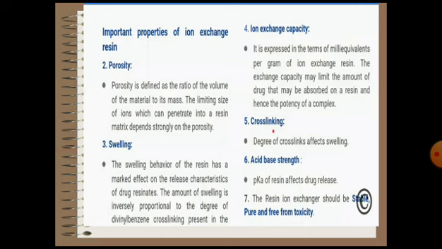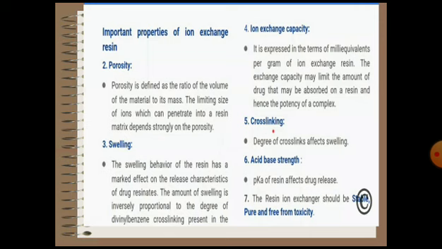If the degree of cross linking is high, the swelling capacity will be low for a bead. If the degree of cross linking is very low, the swelling capacity of the beads will be high, and it will absorb more water.